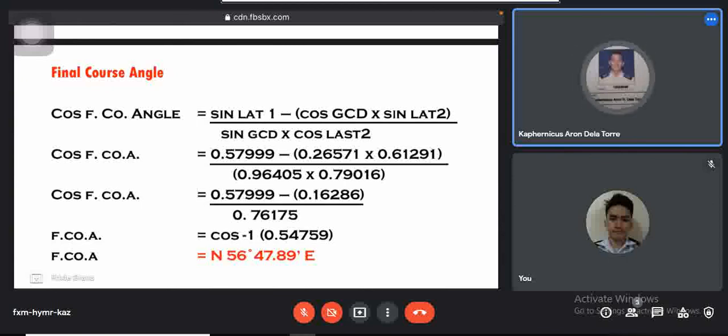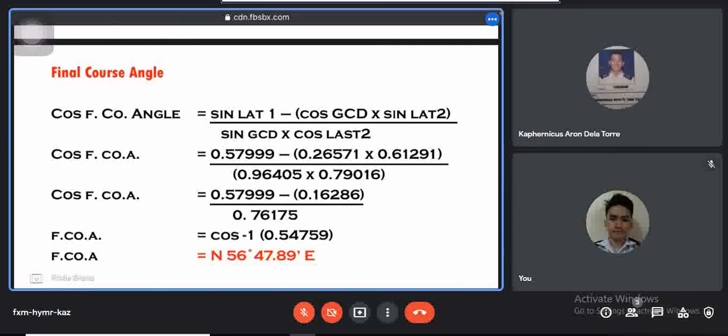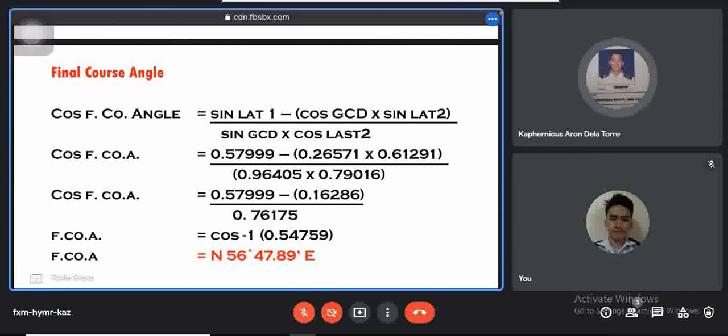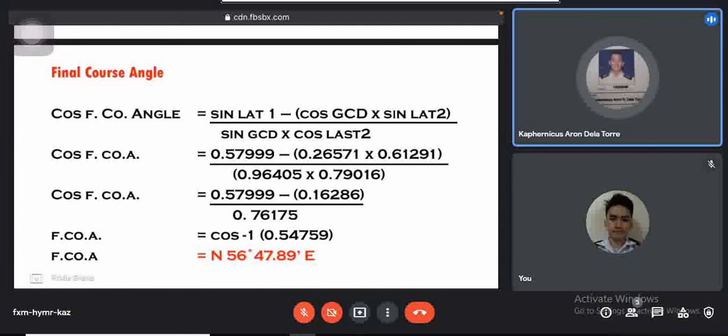The values of each part are 0.57999 minus the product of 0.26571 times 0.6129, over the product of 0.9645 times 0.79016.